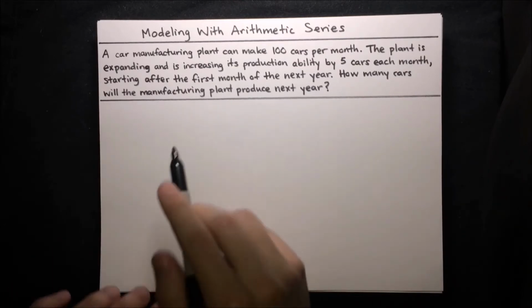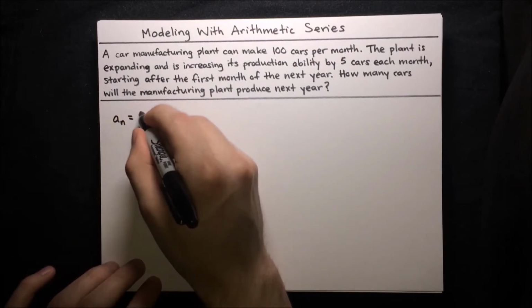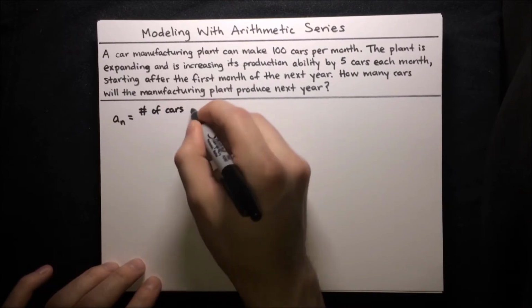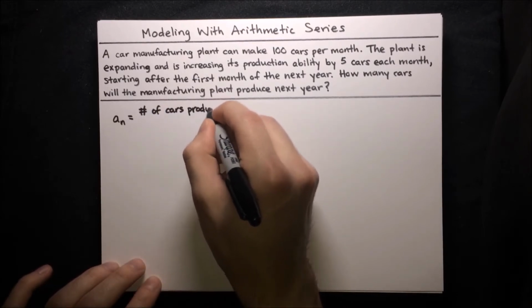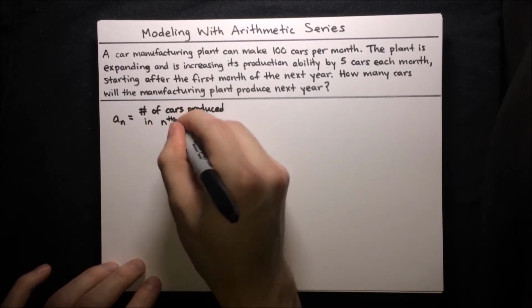Okay, so why don't we define an arithmetic sequence with a_n. a_n can be the number of cars produced in the nth month.